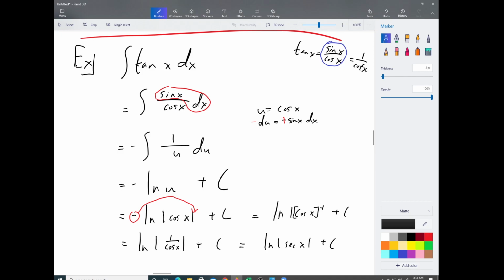And in the book, they choose to leave it in this form right here, just because we usually like using sines and cosines a little bit more, I believe, is why they chose that one, instead of calling it the natural log of secant. I personally would have called it natural log of secant, though, and focused on that format.